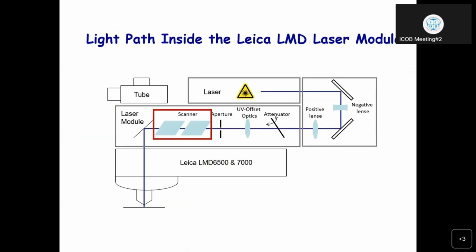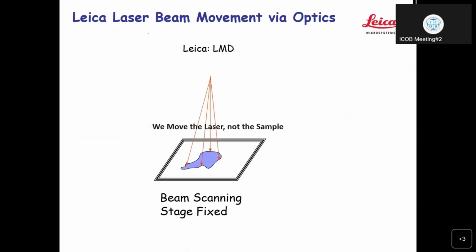This is the scanner unit. The laser is guided using two prisms which can be rotated. Leica LMD moves the laser beam across the sample. Try writing your name on a piece of paper by moving the paper instead of the pen. You will find it is hard to do.